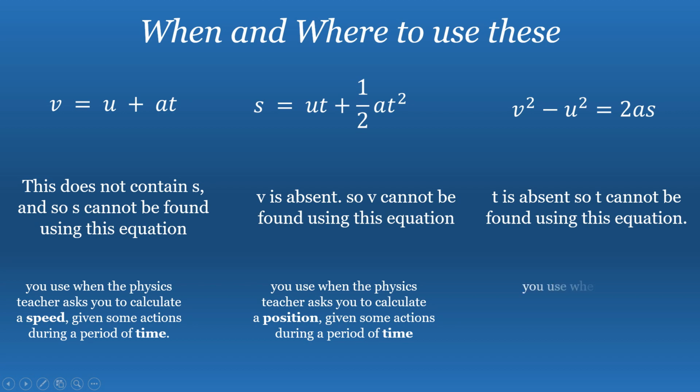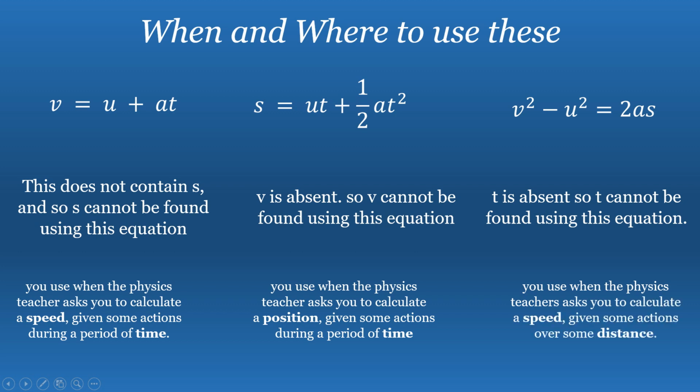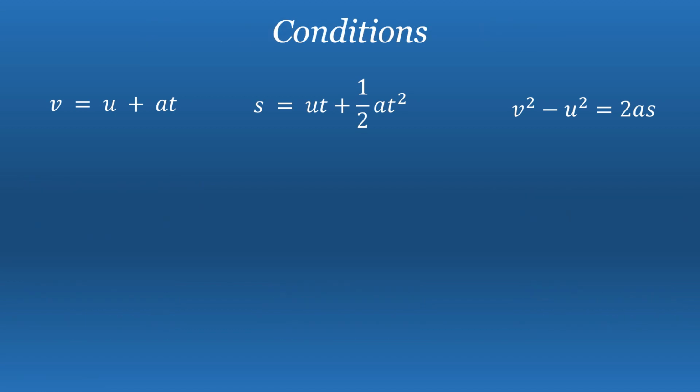And if your teacher asks you to find out a speed, provided distance and velocity are given in the equation, you can use the third equation. I hope everybody understood.